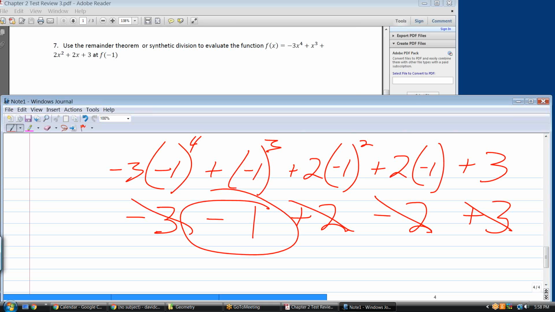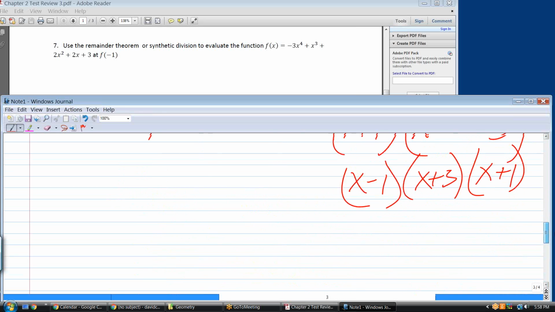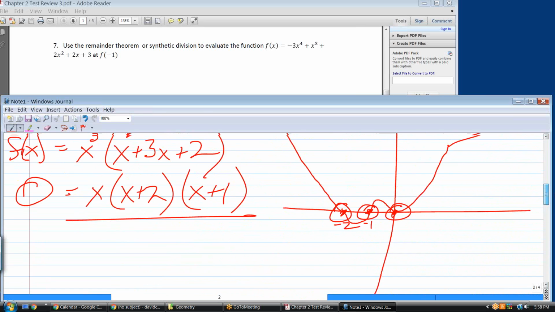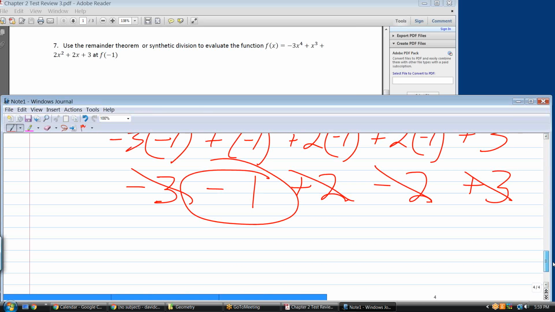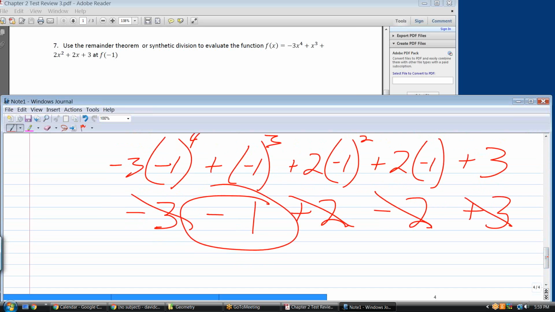That was our remainder, was it not? Yes. Are you telling me that I didn't know this, that the remainder is your answer? Yeah. I bet it is. So actually, I did not know that. But the fact that they asked you to evaluate it at that made me think that one of these two methods must give you the value of f of minus 1.